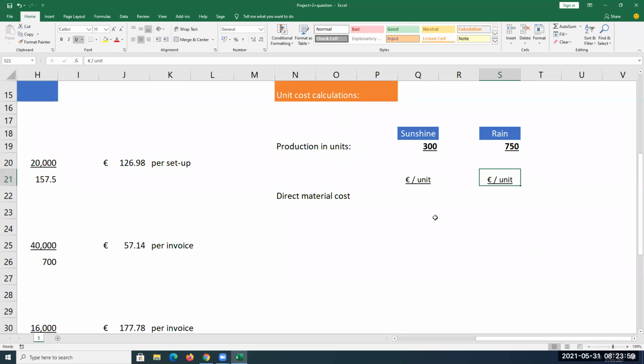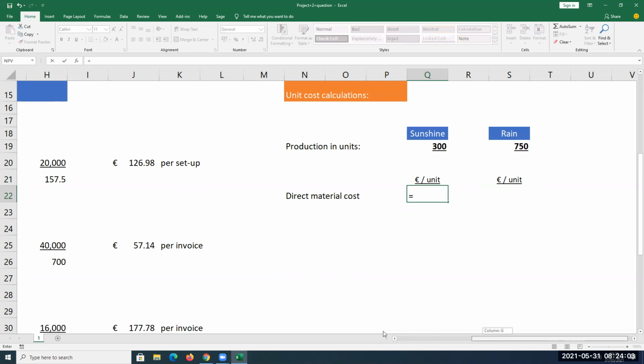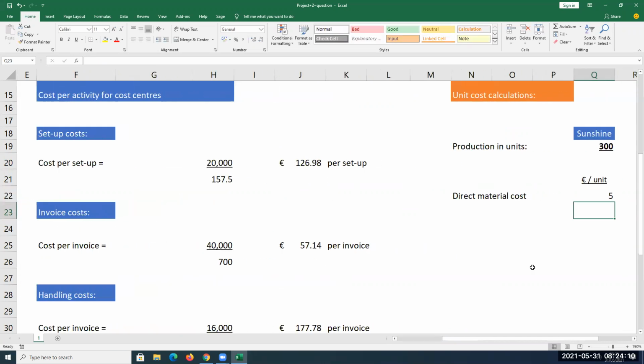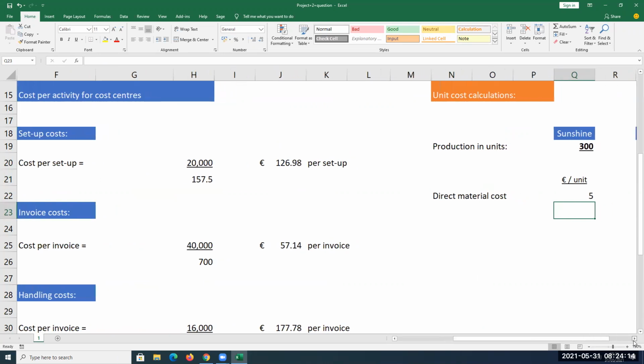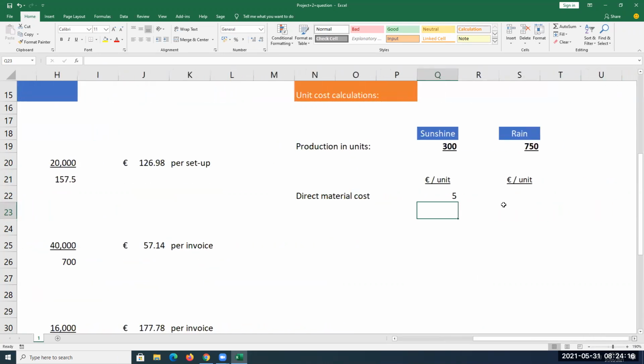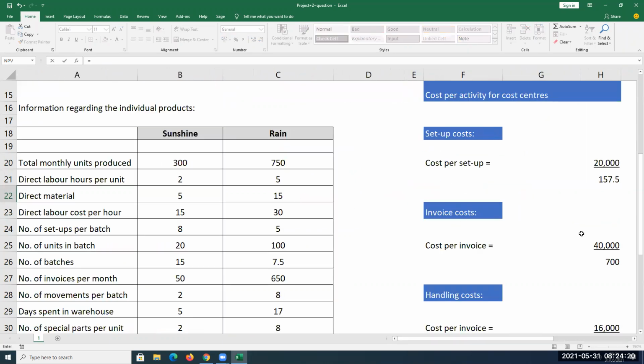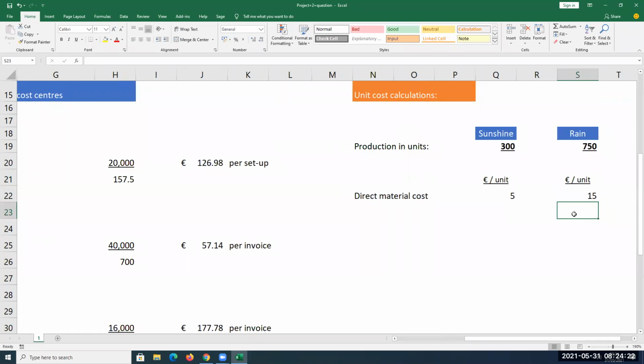Okay. Now, direct material cost to make 1 unit of sunshine, it is already given. Direct material cost €5, and for the rain product, it is €15. Is here, €15 direct material cost.